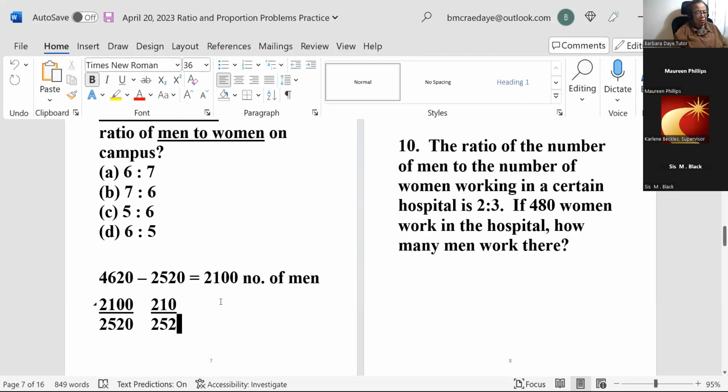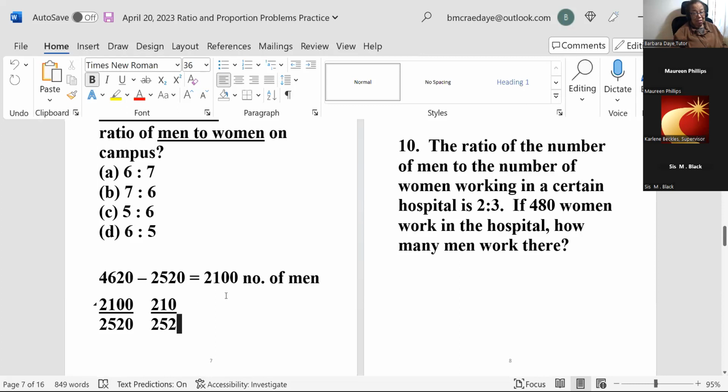Maureen, the obvious one is what? What's the obvious one, Mercedes? I said 21, largest. Isn't 21 times 10 210?